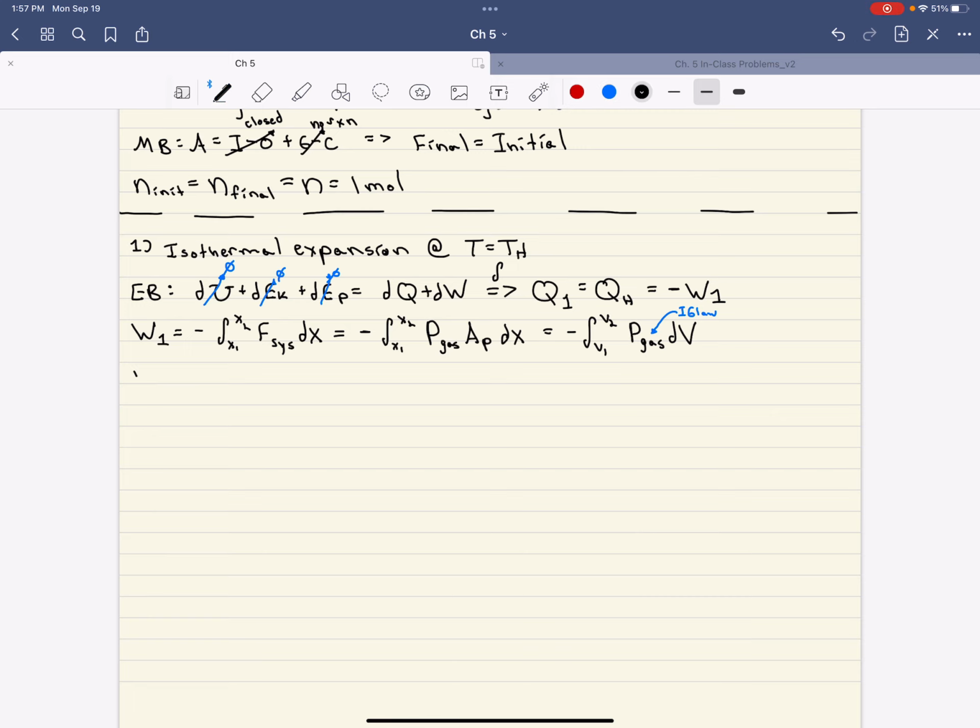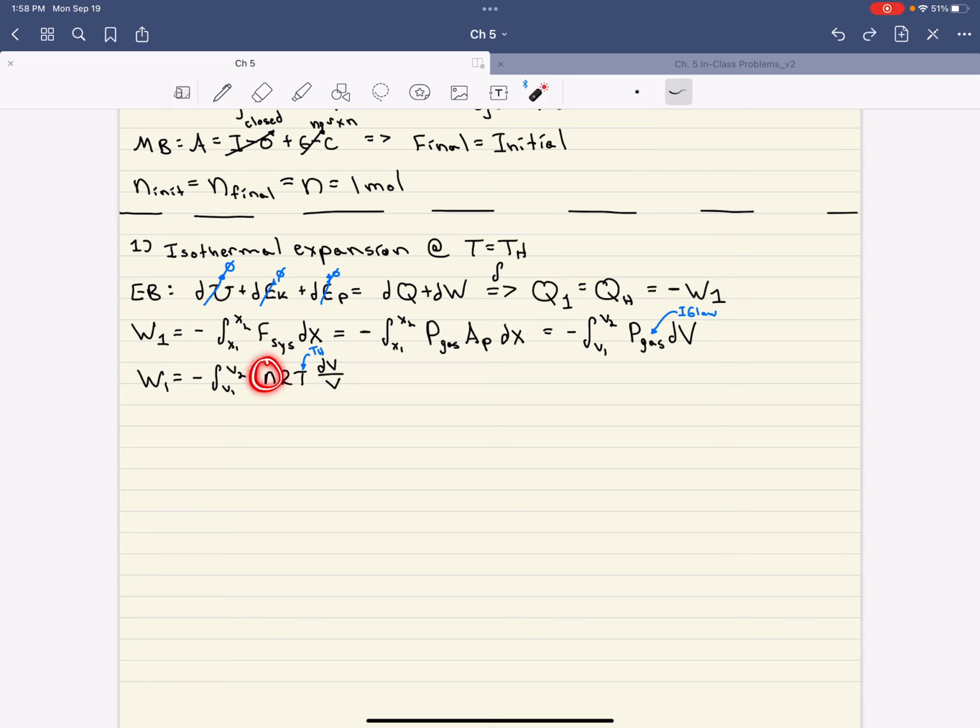So we'll plug in the ideal gas law for P gas: nRT over the volume. We know T is a constant, equal to TH, and the moles are constant as well.